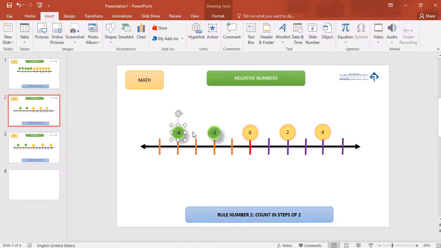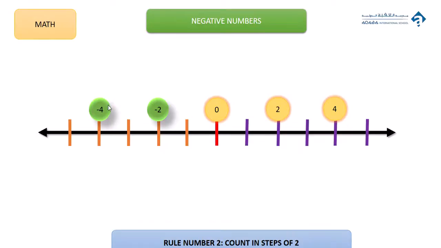So which number is bigger? Is it -4 or -2? So -4 is actually smaller than -2, and -4 is smaller, of course, than 2. So this is positive. It's actually +2. It's a positive, so this one is bigger than -4.